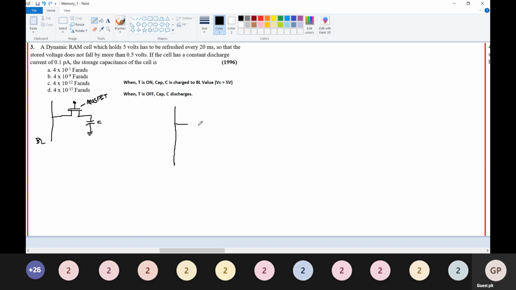This is your MOSFET. So when the MOSFET is said to be in off condition, what happens is that you don't have any connection between the gate and source. And we have a capacitor here, connected to the ground.